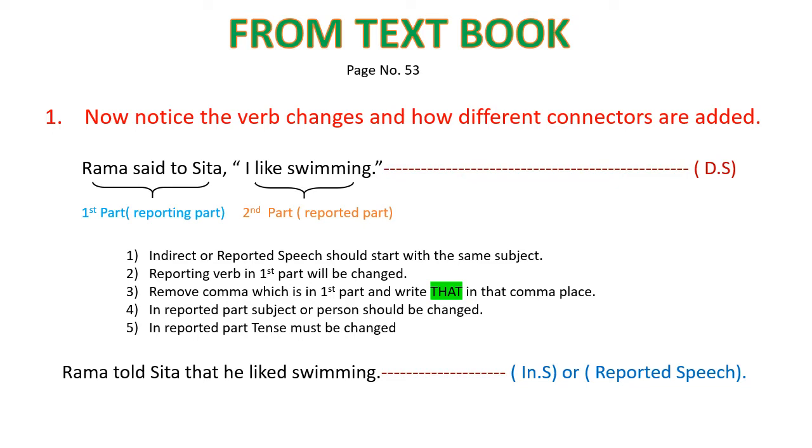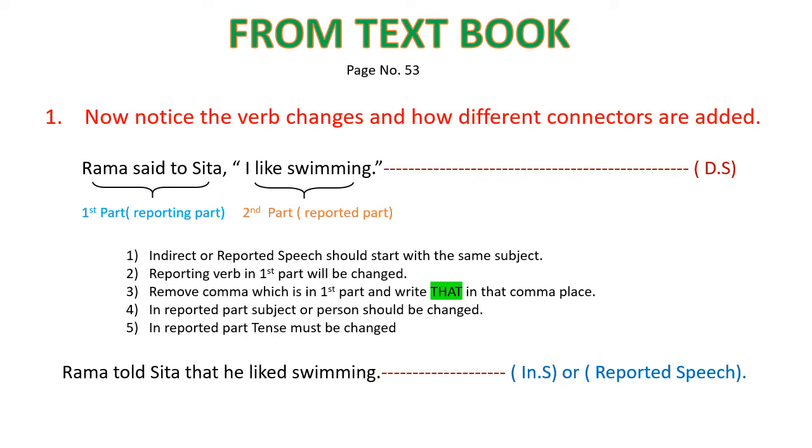When we change direct speech into indirect speech, we have to go through the following steps. First, indirect or reported speech should start with the same subject. Second, the reporting verb in the first part will be changed.